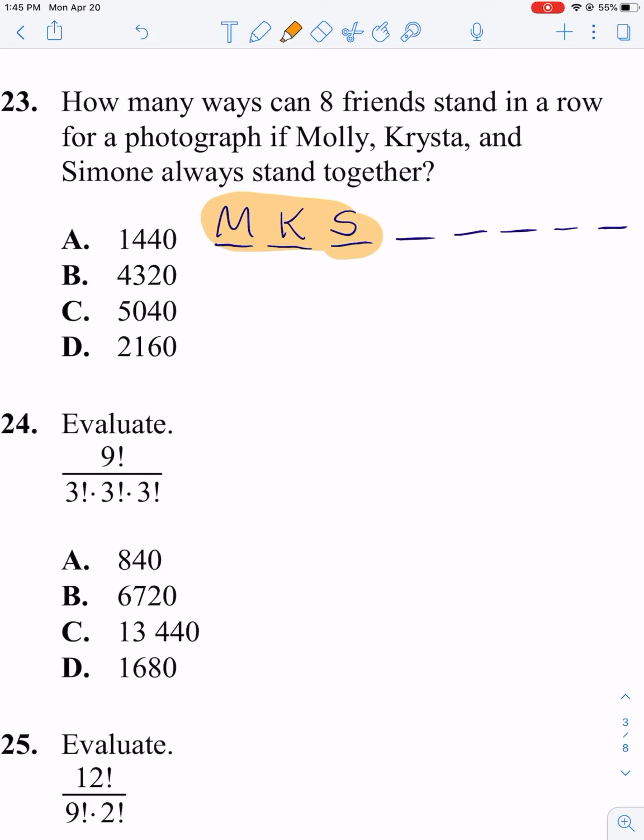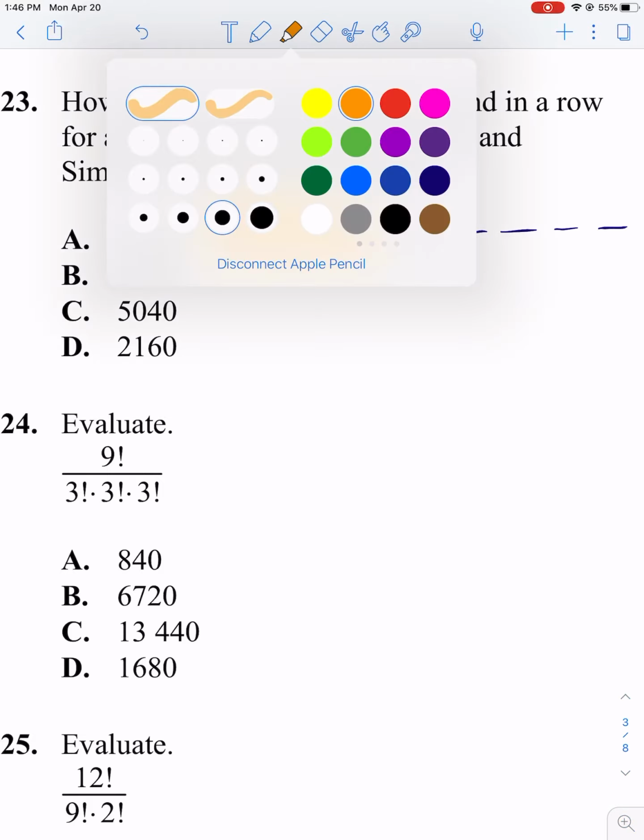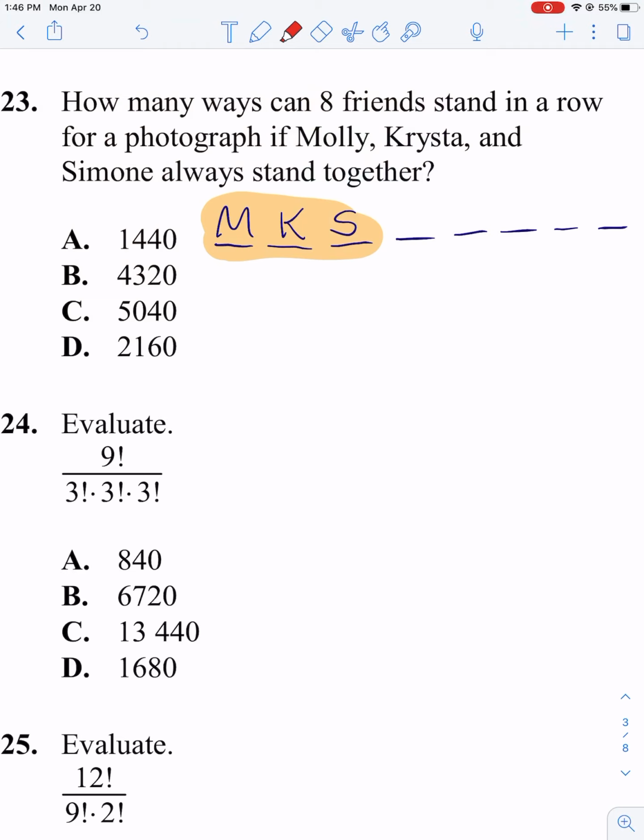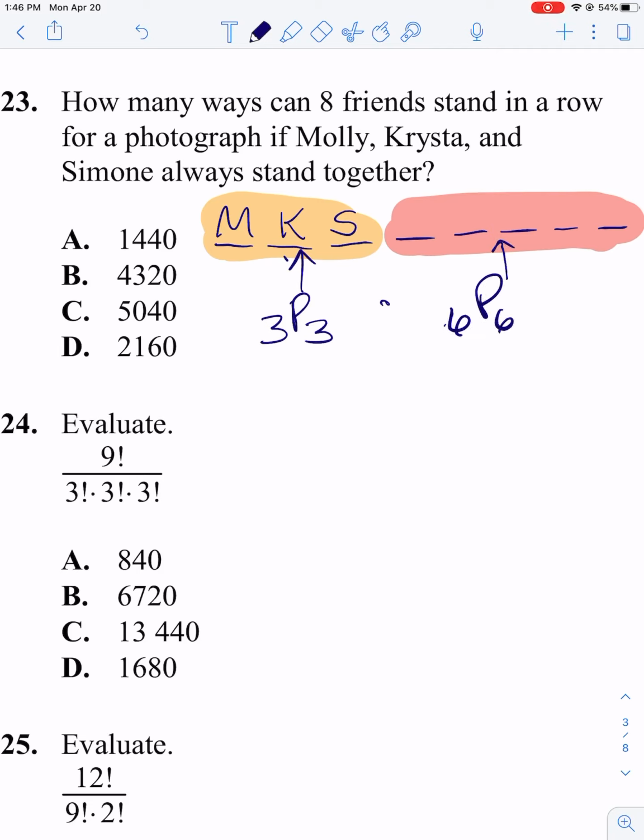So you got to think of this as a group, and then think of the other one as a group as well. So I've got really 2 groups. So I'm going to look at what this group can be. So out of 3, pick 3. And then the second one has 6. So out of 6, put them anywhere. So 3, pick 3 is 6. 6p6 is 720. So when I multiply those together, I get 4320.